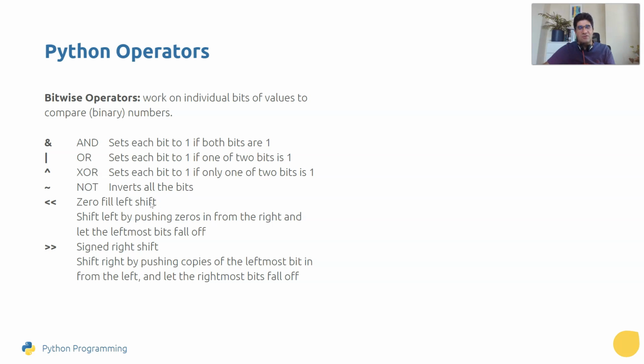Zero fill left shift shifts the value to the left side, and it brings 0 in from the right side into the number. And signed right shift shifts bits to the right side, and the bit on the right side will be dropped each time.